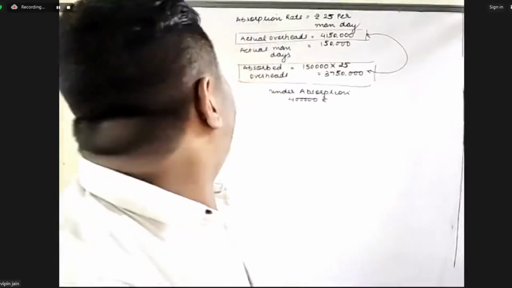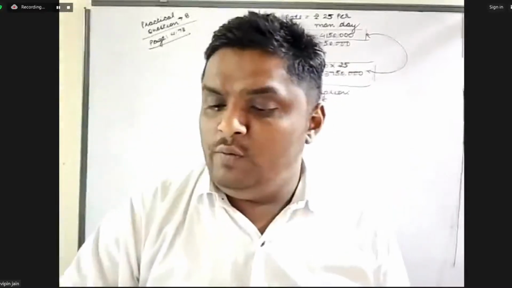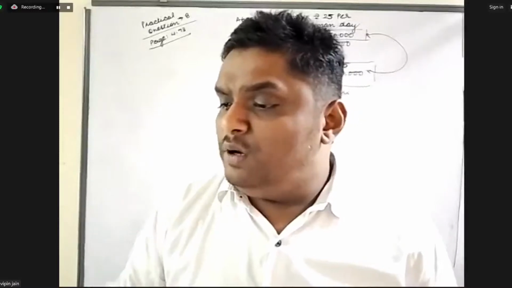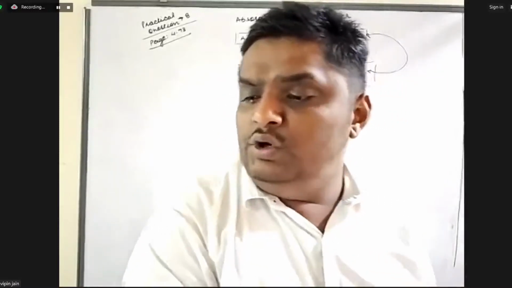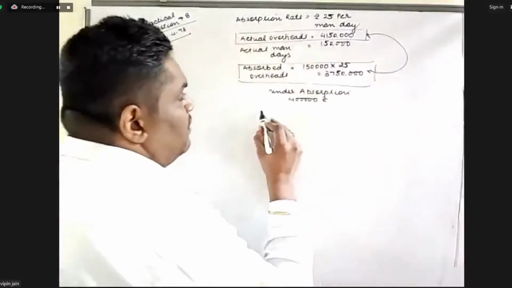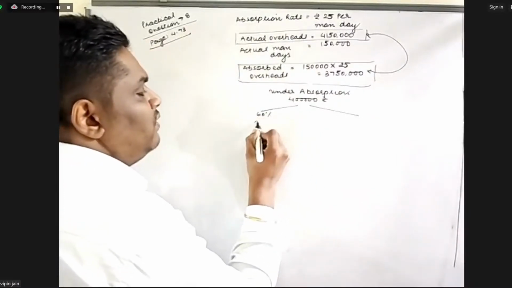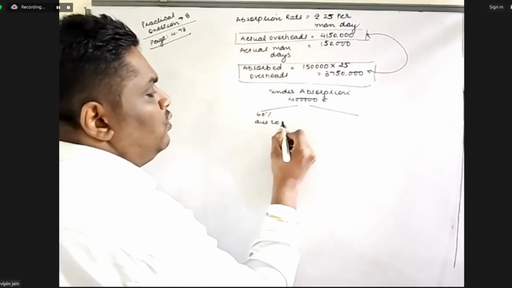I have mentioned the page number also, it is 4.73. Now it is given that of the under absorbed overhead, 60% is due to defective planning.